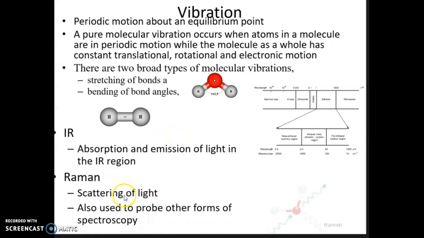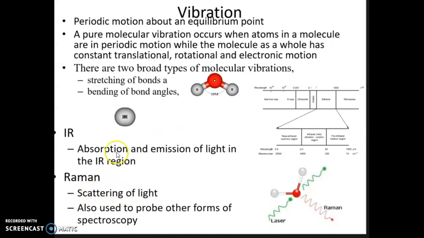The other type is Raman scattering. Raman uses a laser light to study the different vibrational levels in a molecule. However, Raman can also be used to study other types of spectroscopy, like rotational and electronic spectroscopy.